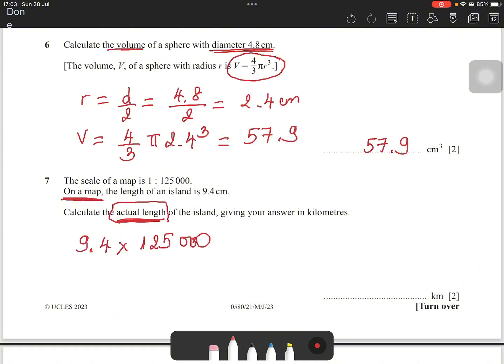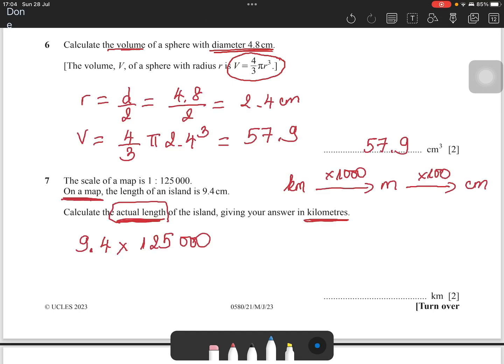And the units of this will be centimeters. And then we'll convert from centimeters to kilometers. You know that 1 kilometer is equal to 1,000 meters. We multiply this by 1,000. And then to convert from meters to centimeters, we multiply it by 100.